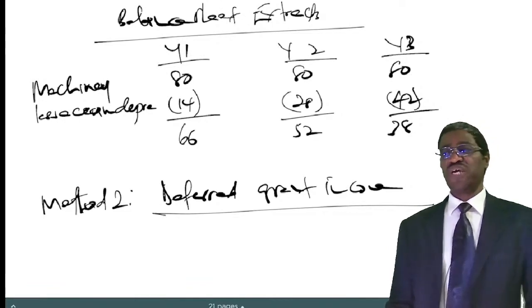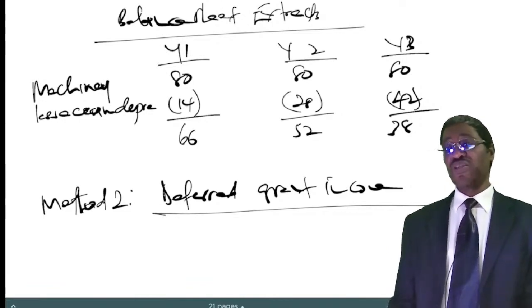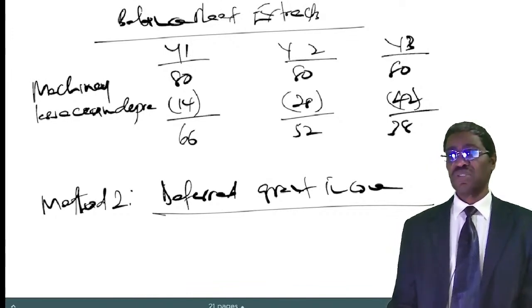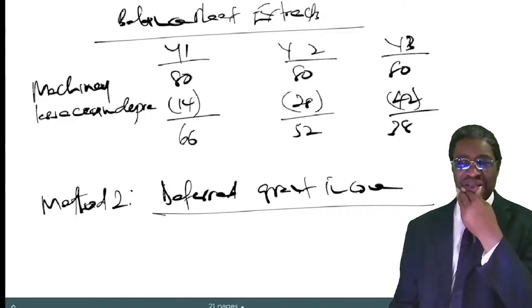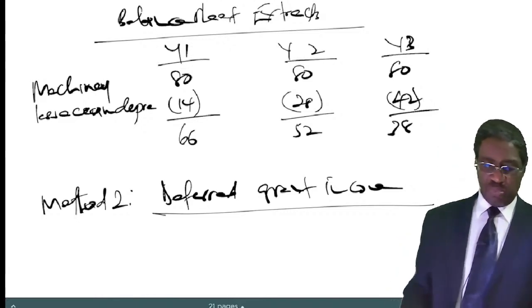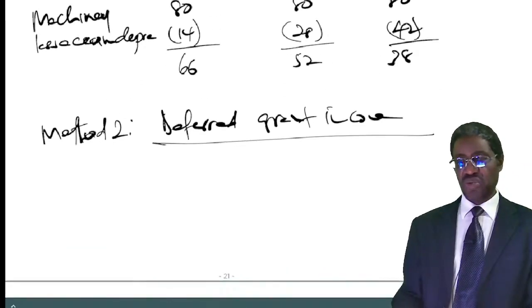First, before we do the balance sheet and P&L account, we need to open an account called deferred income. We need to prepare that account so that we see what we are carrying down. Let's do the account.